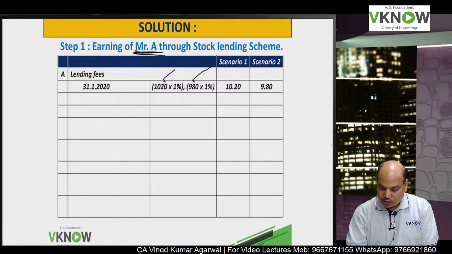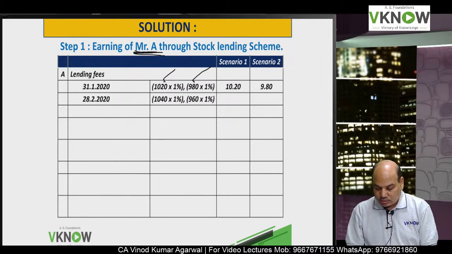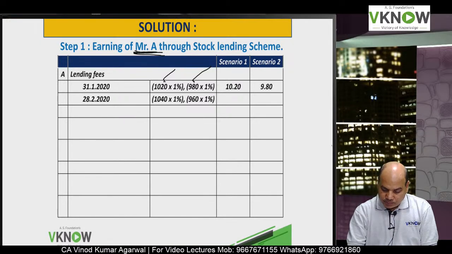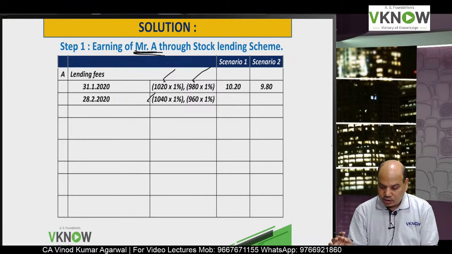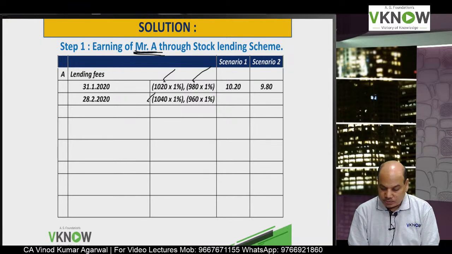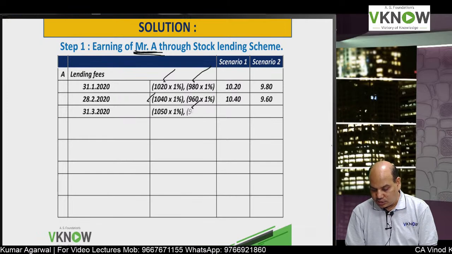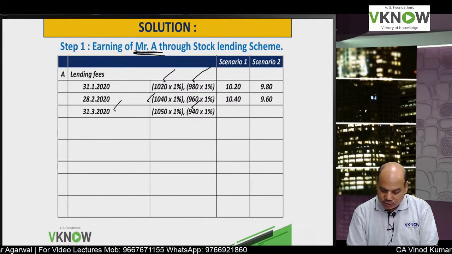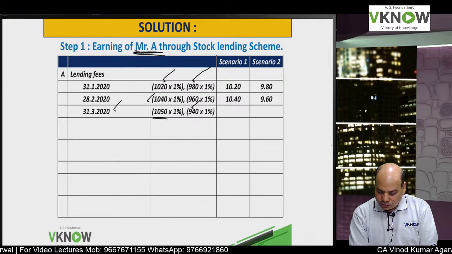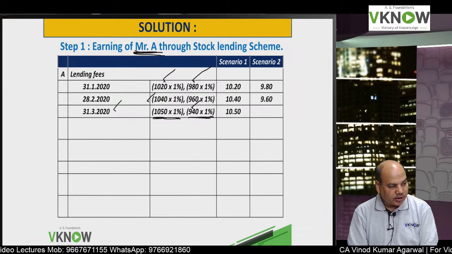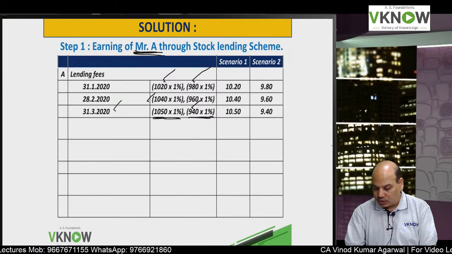In scenario 2 he'll get 980 into 1%. 28th February 2020, question in front of you: the price is 1040 in scenario 1, 1040 into 1%, and 960 into 1%. 10.40, 9.60. 31st March 2020, 1050 into 1% in scenario 1, 10.50, 940 into 1%, 9.40. Very easy.